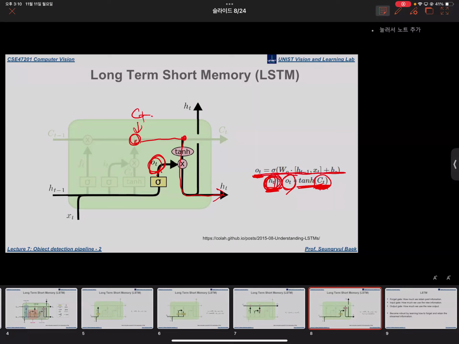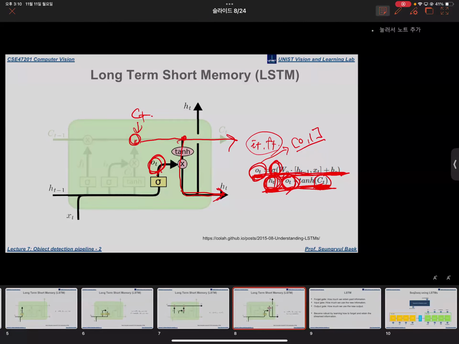This is obtained similarly to i of t and f of t. So this is the output gate. You get it by applying the sigmoid, so this value is also between 0 and 1, and you get it by applying some weight and adding some bias. So you can also control how much information you will retain from the h of t, and that information is transmitted to the later blocks.